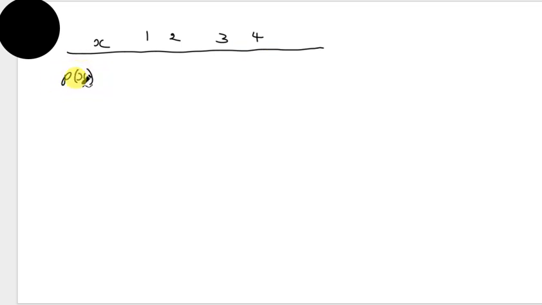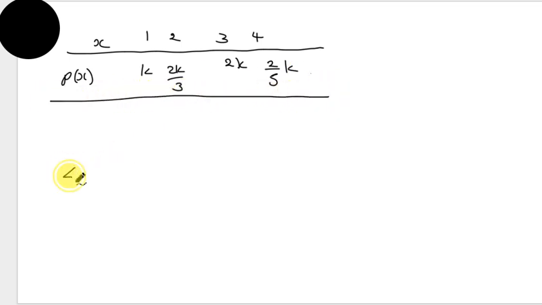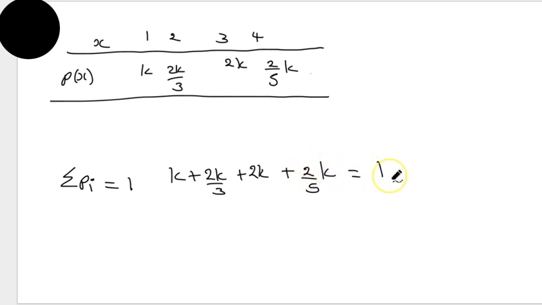My p of x value is k, 2k by 3, then 2k and 2 by 5k. What do we know? We know that the summation over pi equals 1. So k plus 2k by 3 plus 2k plus 2 by 5k, this whole value equals 1.